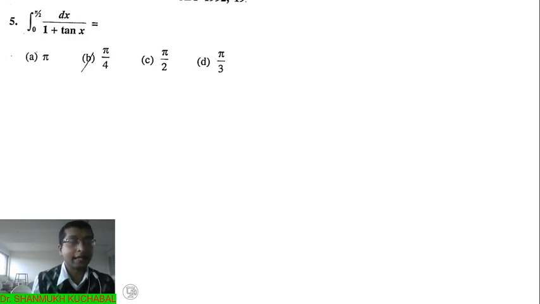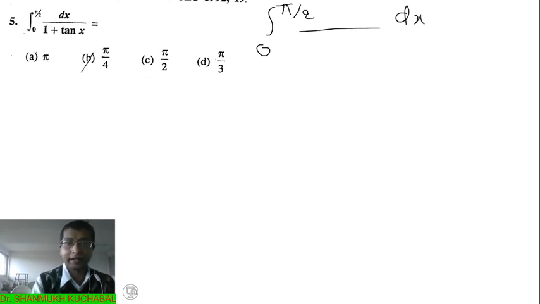Further, example number 5, integration from 0 to pi by 2 of dx divided by 1 plus tan x. So we need to simplify. For your understanding I write a few steps, and afterwards you can use a shortcut. Tan can be written as sin by cos, so it is sin x divided by cos x, and 1 is 1. The limit is from 0 to pi by 2.